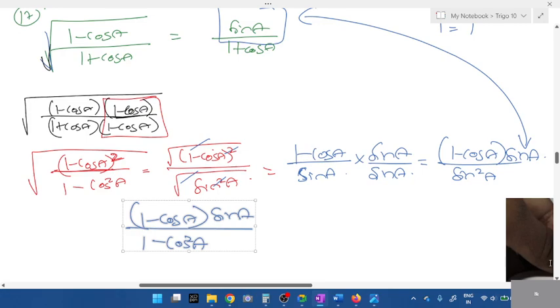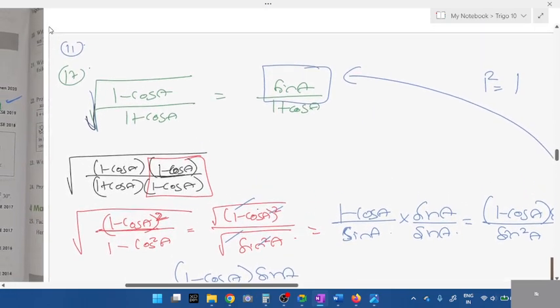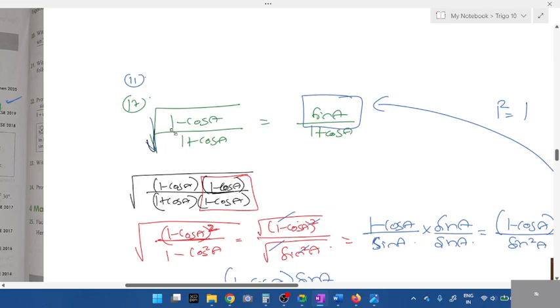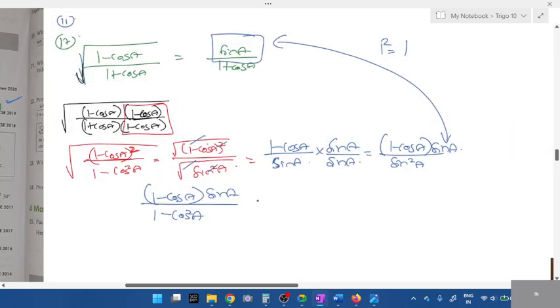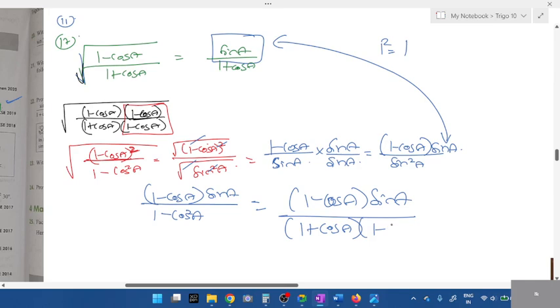It looks like A square minus B square. So you can alter and do it however you want. I'll keep 1 minus cos A as it is into sin A. What is A square minus B square? 1 plus cos A into... which one gets cancelled? Yes, this and this. Did we get the right hand side part? It's cos.